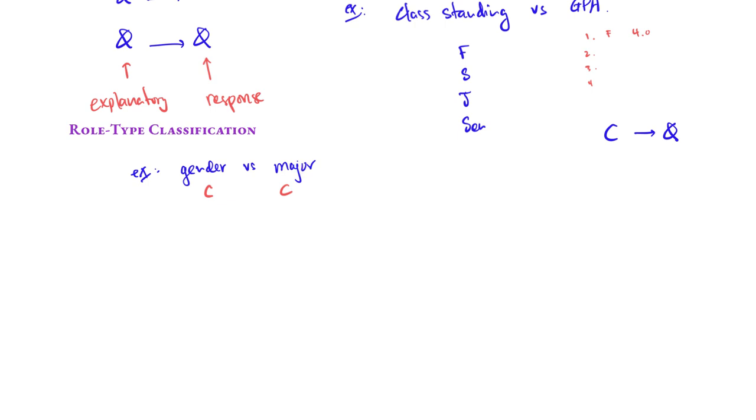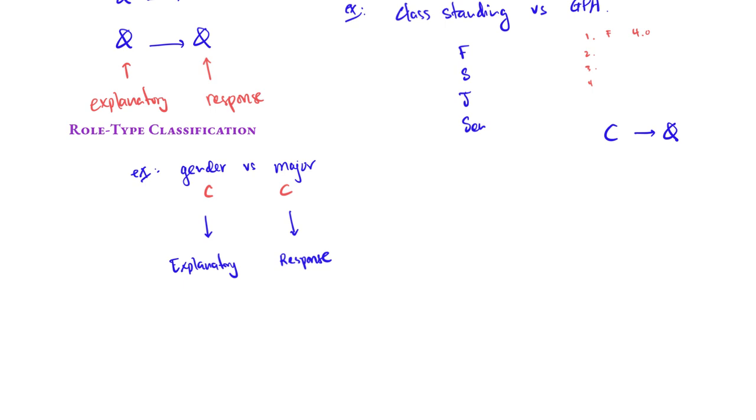If we want to know if a certain major is popular with male or female, in this case, we would use the gender as the explanatory variable, and we would report the major as the outcome or the response. In this example, both variables are categorical. The gender plays the role of the explanatory variable, and the major plays the role of the response variable.